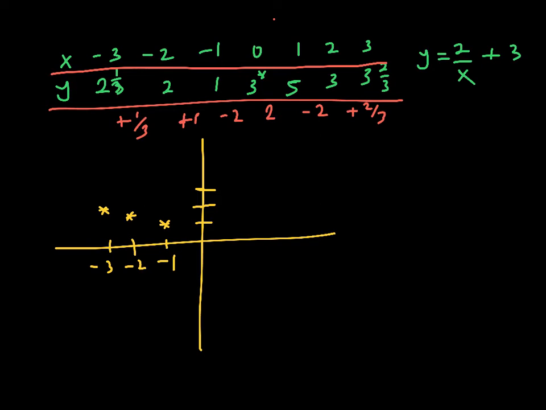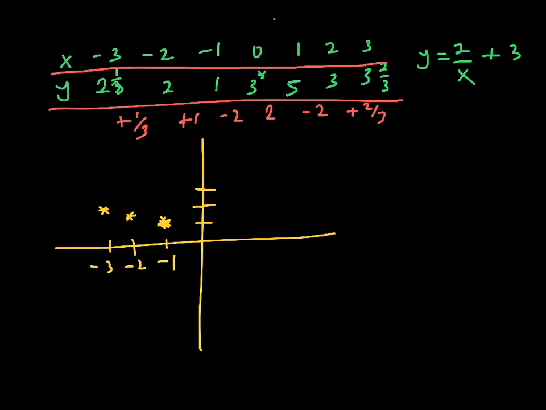Then when x is 0, y is, sorry, did I say positive? This is wrong. When x is -1, then y is +1. Yes, that's correct. Sorry. Then when x is 0, y is +3.